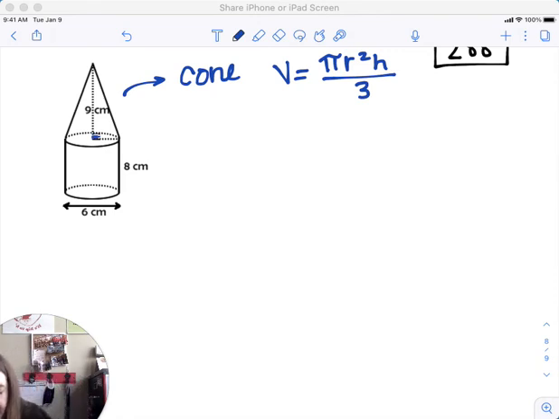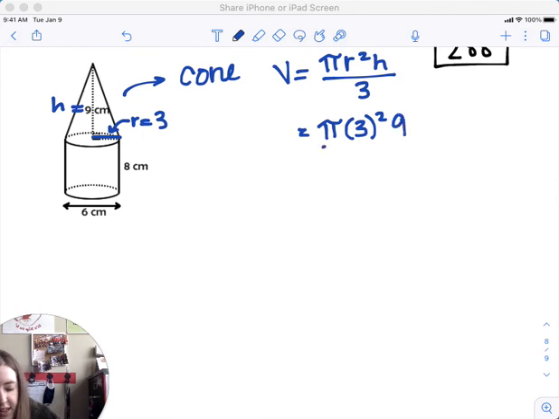So that means that my radius right here is going to be 3. The height of my cone right here is 9. So I'll take pi times 3 squared times 9 divided by 3. And when we pop that into our calculator for the volume of the cone, we'll end up with 27 pi.